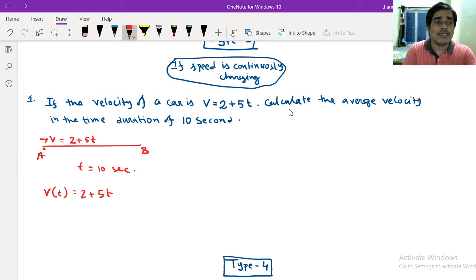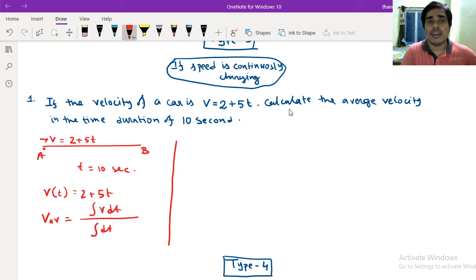So in this case the average speed will be the integration of v dt divided by the integration of dt. In this way you can calculate the average velocity. If the velocity is changed continuously, then the average speed is calculated in this way.